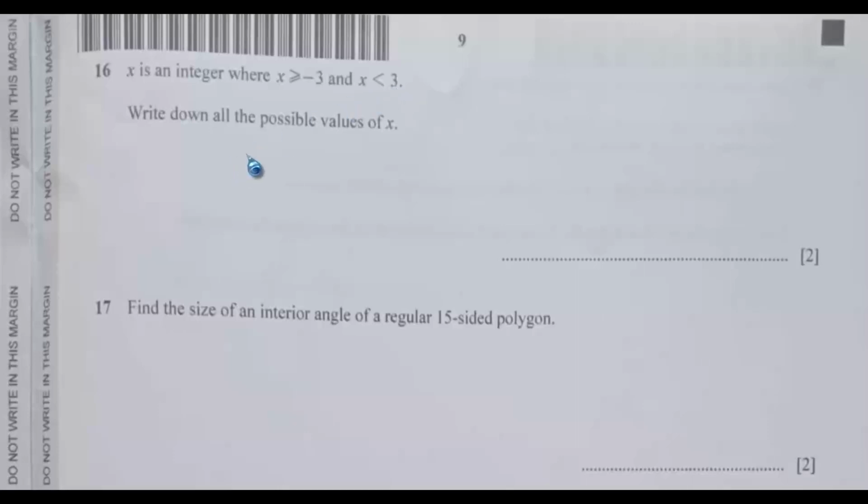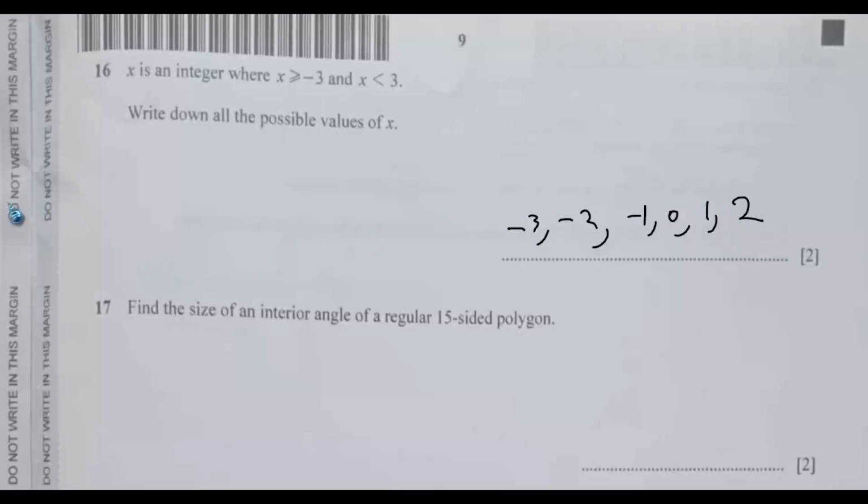To be negative 3, since negative 3 is inclusive, you have negative 3, then you go up to negative 2, then up to negative 1, 0, 1 and 2. So these are all the values of x.